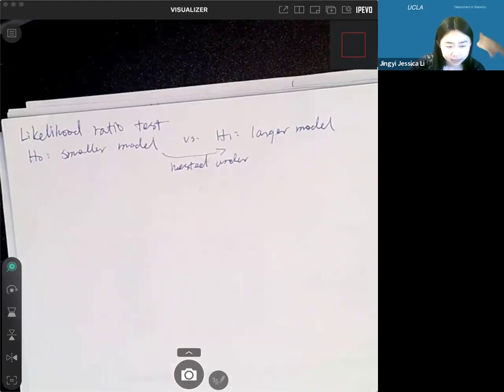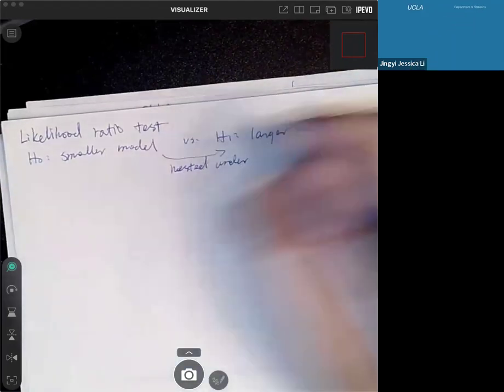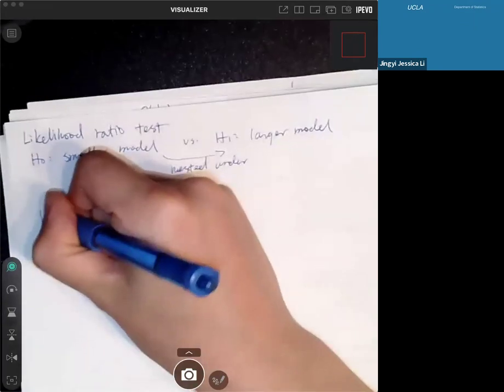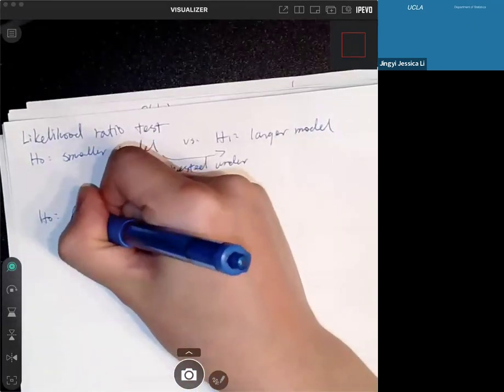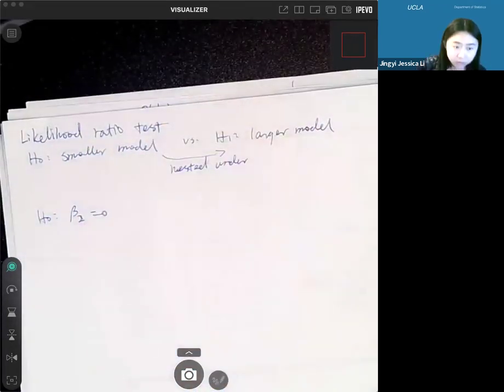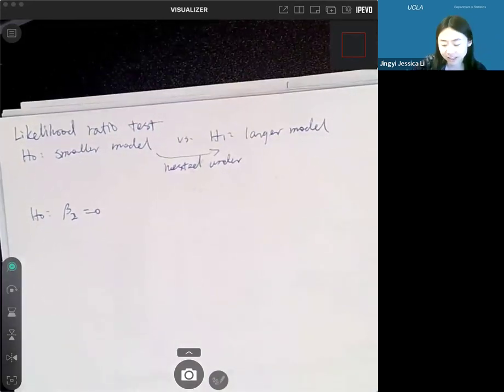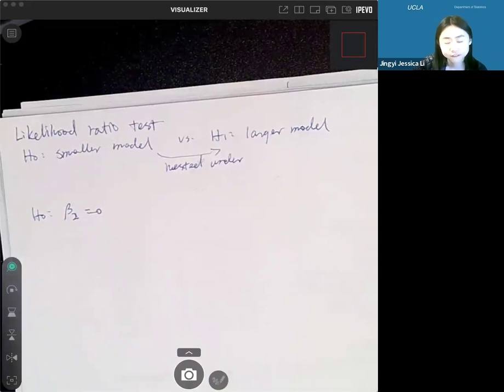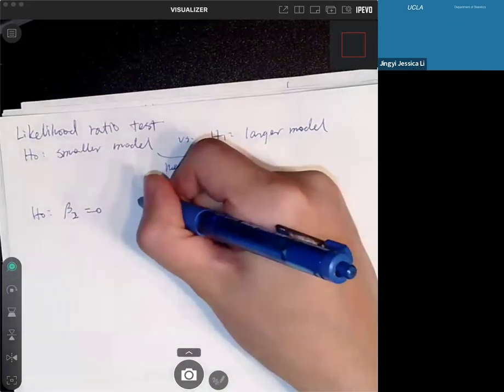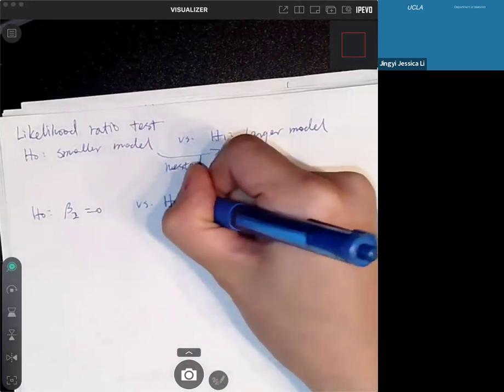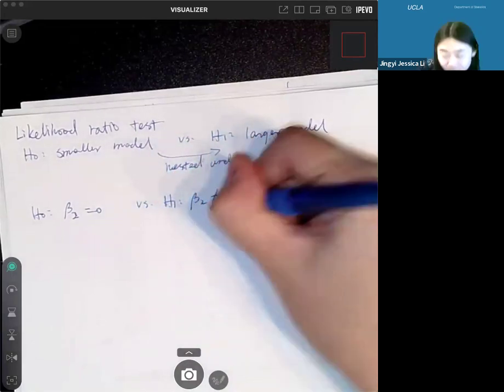So in our regression setting, when we set beta 2 to be 0, that's the smaller model, because we arbitrarily set the P2 coefficients in beta to be 0, while under the alternative, we do not require beta 2 to be 0.